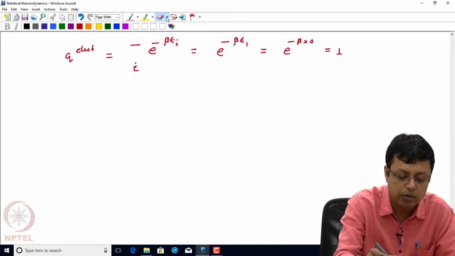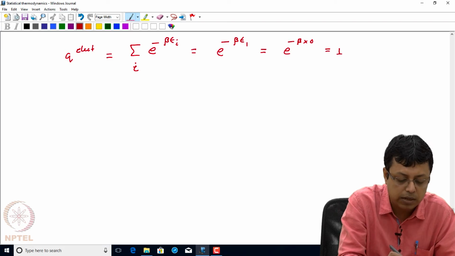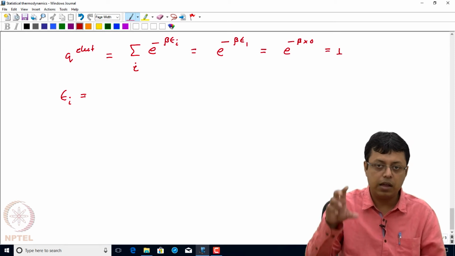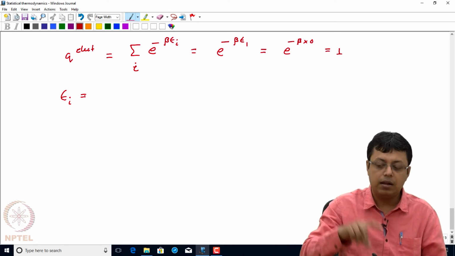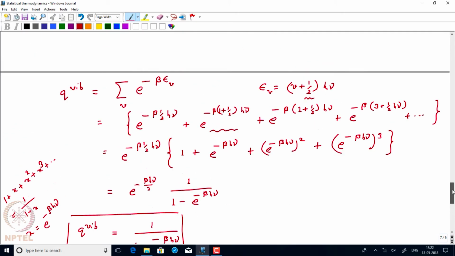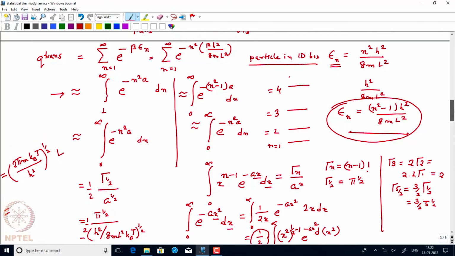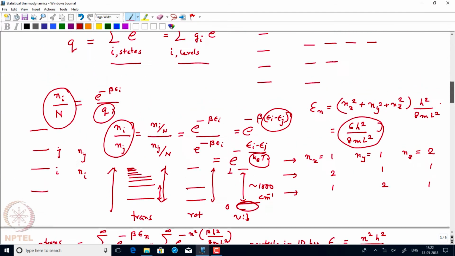So what we just learned is, what will be the total energy of the molecule? As we talked about in the translational case, if we have some energy, let's say we gave you a particular example, a total energy something like 6 h square by 8 m l square, so that's the energy level.